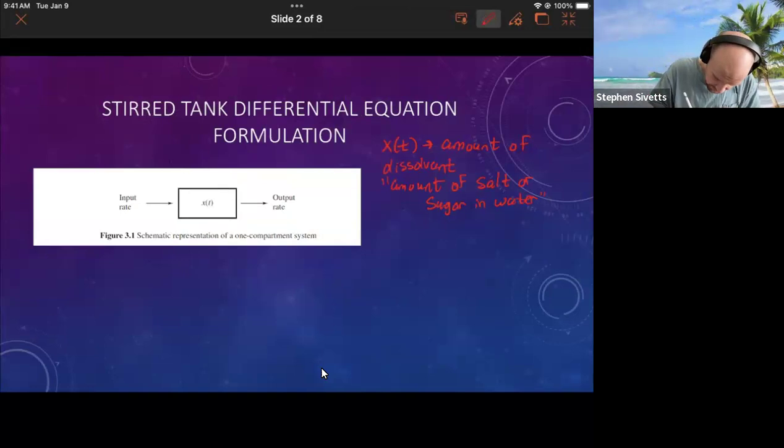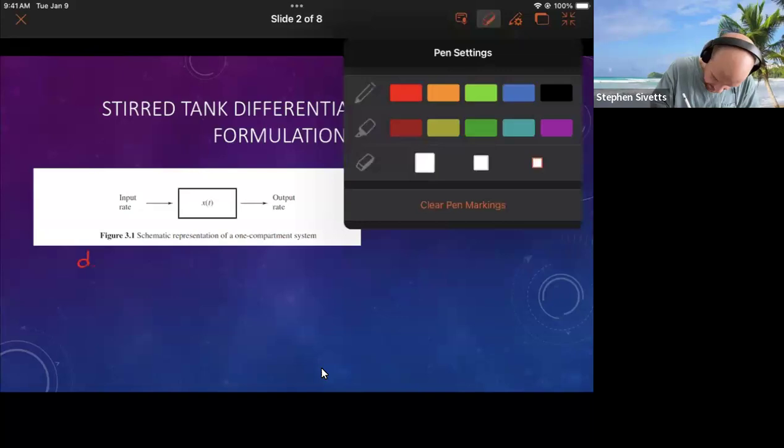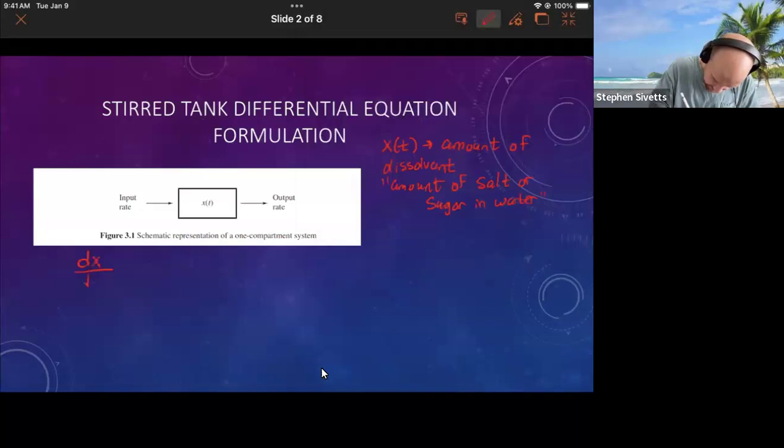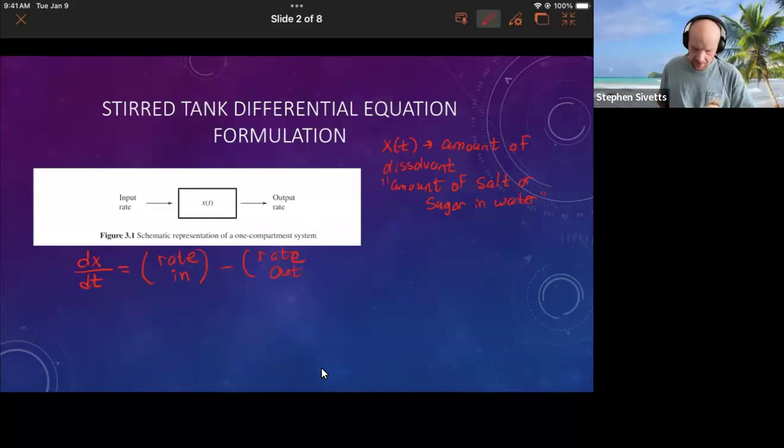So all it is that dx dt will equal the rate of the fluid that's going into the tank minus the rate that's going out of the tank, right? So the output rate.